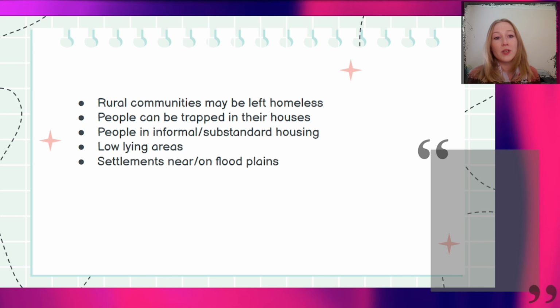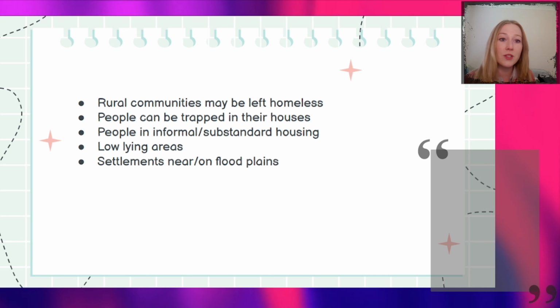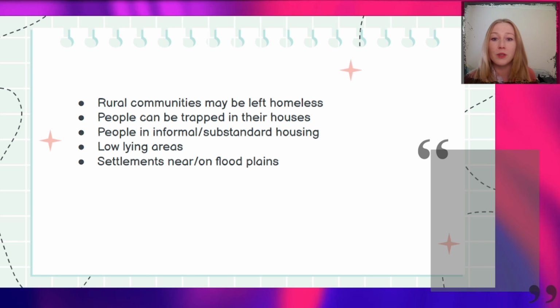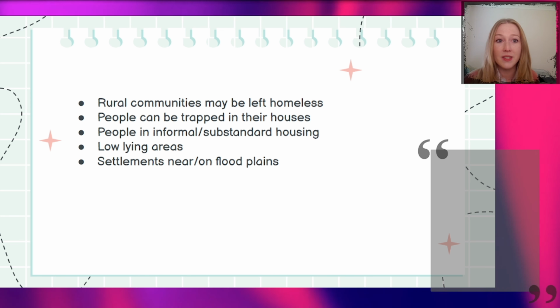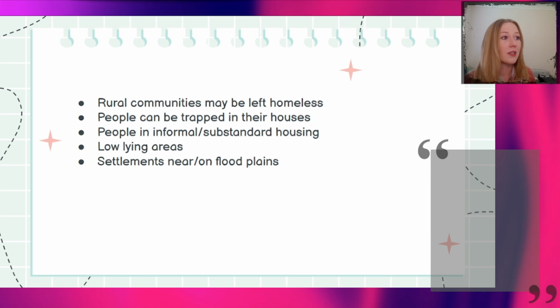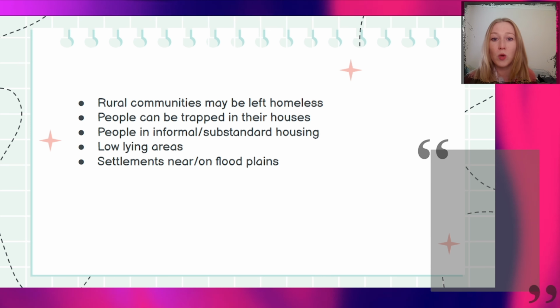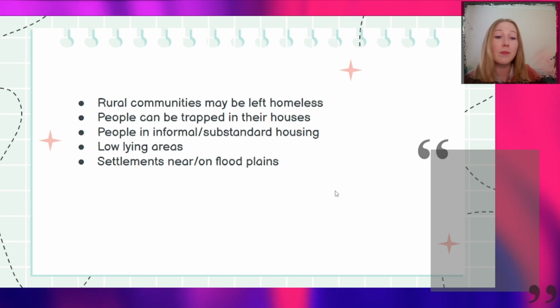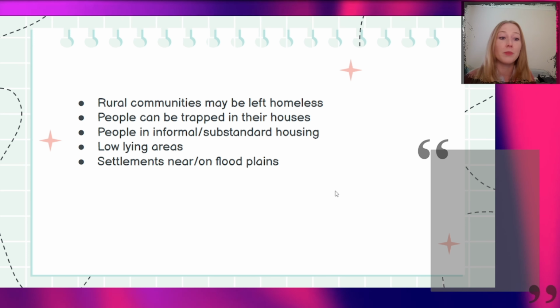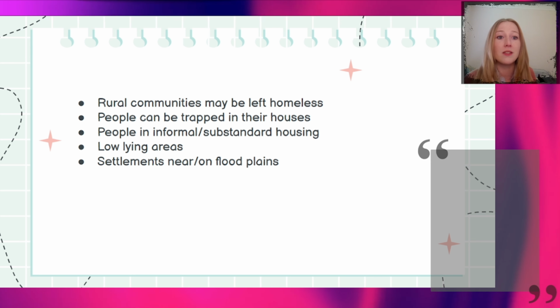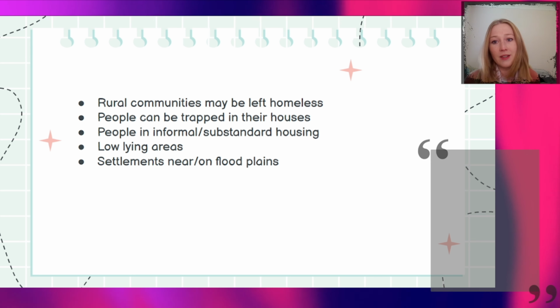So rural communities can very often be left homeless if the houses or the settlements are not built up to the necessary standards. It can get damaged or completely destroyed from the storms. People could even be trapped in their houses with all of the flooding and roads cut off. They might not be able to access basic services or food supply or anything like that.